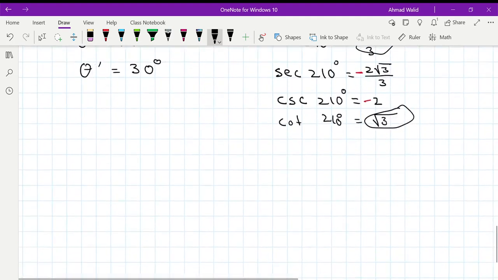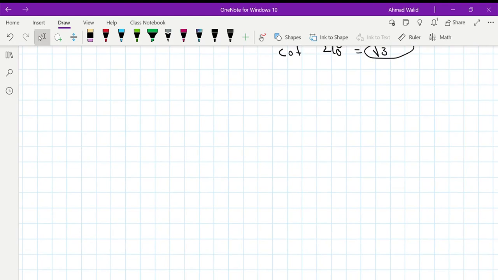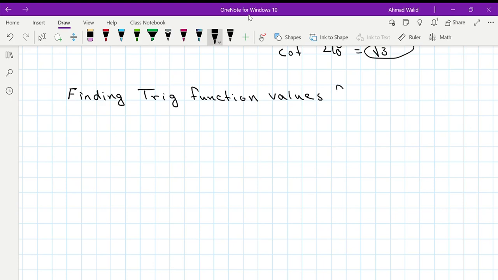Now, I write here some steps for you when you are finding trigonometric function values for any non-quadrantal angle theta.